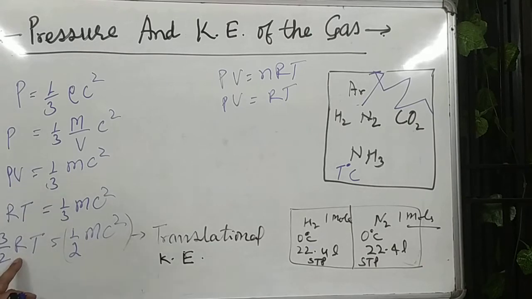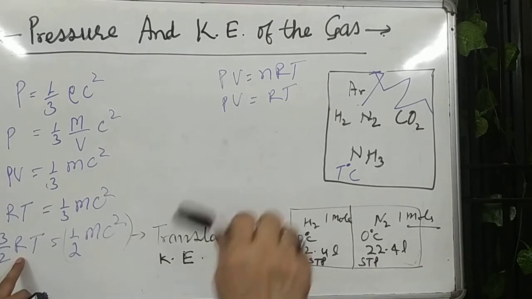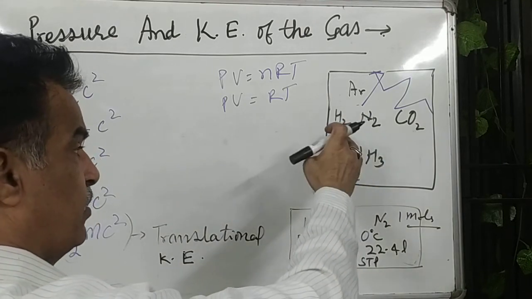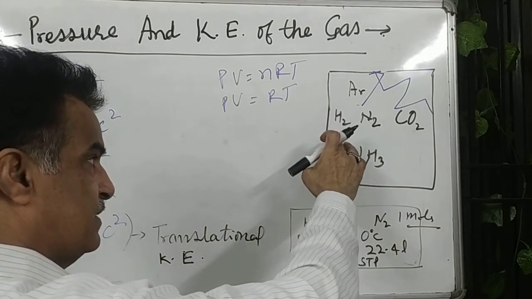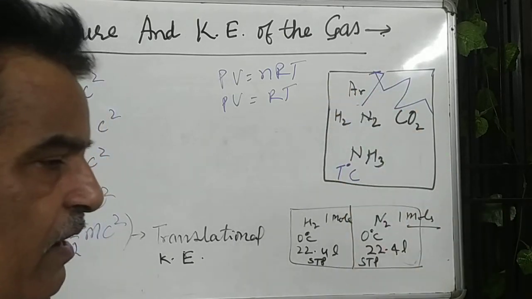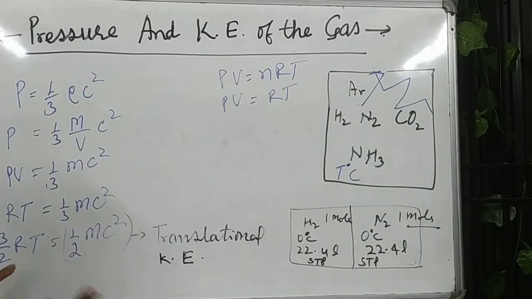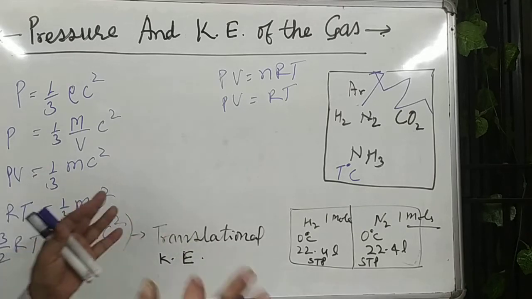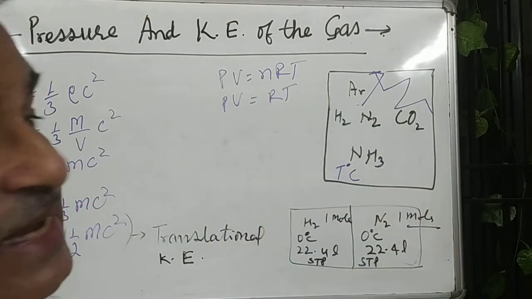For each gas, whether monoatomic, diatomic, triatomic, light meaning low molar mass or higher molar mass, R is constant for all the gases and T is constant. So kinetic energy for all types of gases is the same.